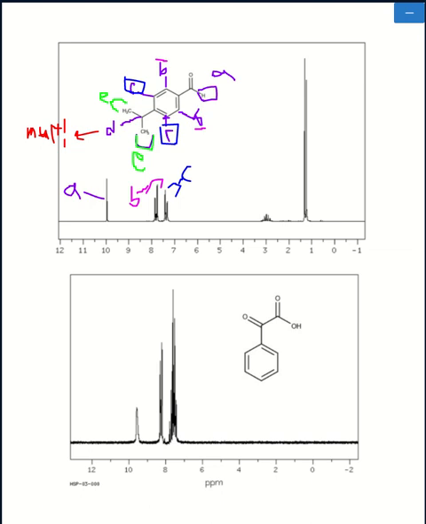And then environment E, which goes for this methyl and the other methyl, they are each 3 hydrogen connected to a carbon. And it doesn't matter how many hydrogen are in that particular environment. The n+1 rule is the number of neighboring hydrogen. Well, each of those carbons, they are bound to 1 carbon in the middle that only has 1 hydrogen. Therefore, 1 plus 1 would equal 2. That would look like a doublet.